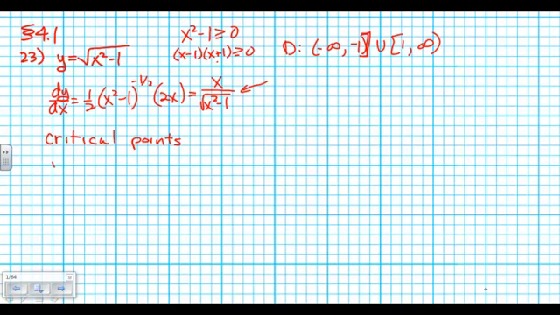So I'm going to say that x equals negative 1 is a location of a critical point. Positive 1 is in the domain, but positive 1 will make the derivative undefined. So another location of a critical point is at x equals 1. Lastly, the value 0 would make the derivative 0, but 0 is not in the domain, so I'm not going to worry about 0.